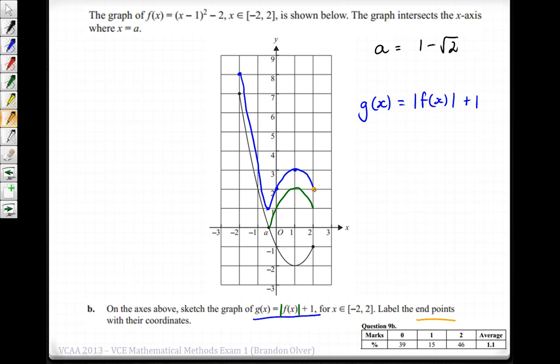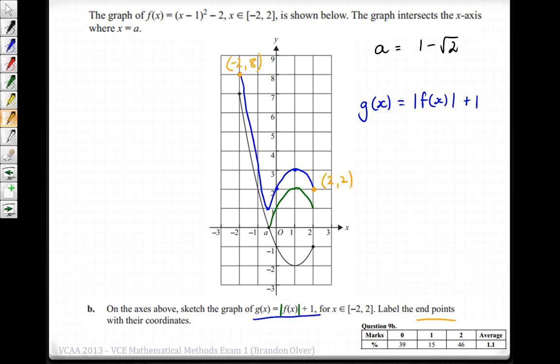So this endpoint's included, and it's now (2, 2), and this one here is now (-2, 8). You could find that a couple of ways.